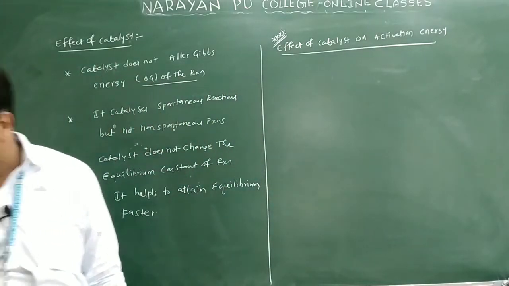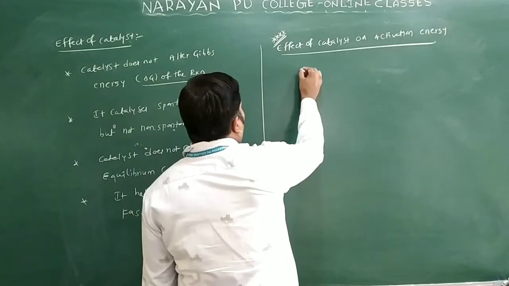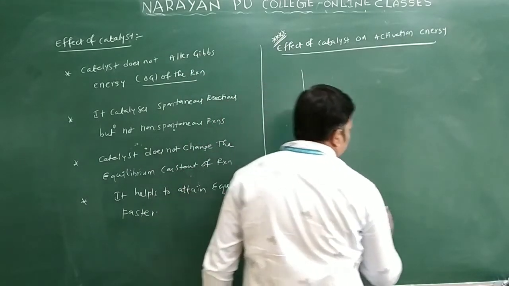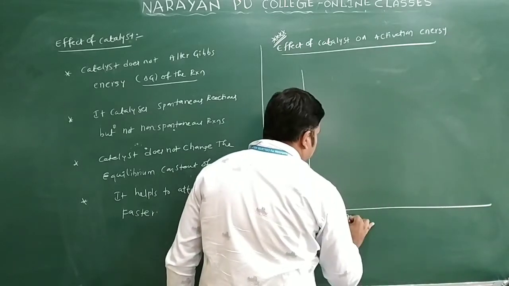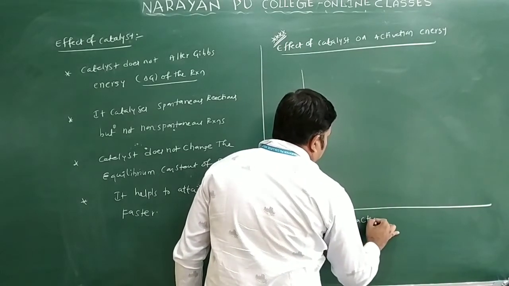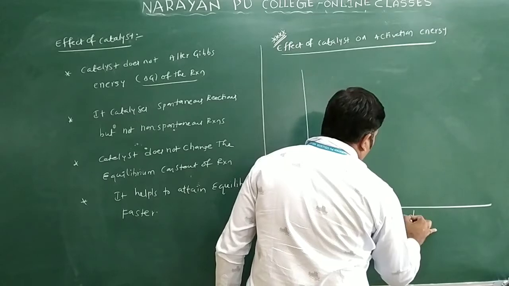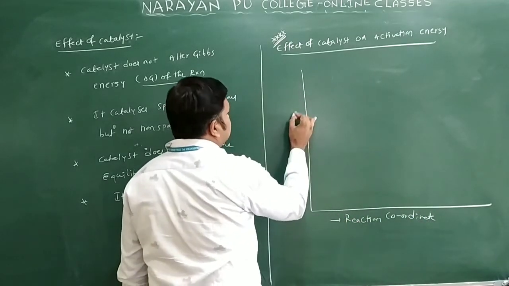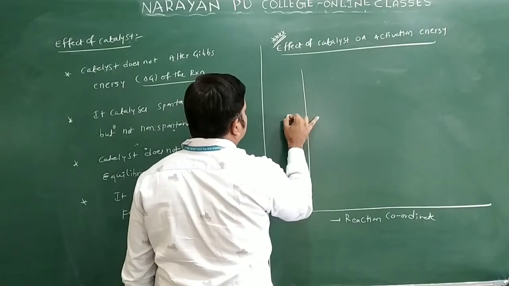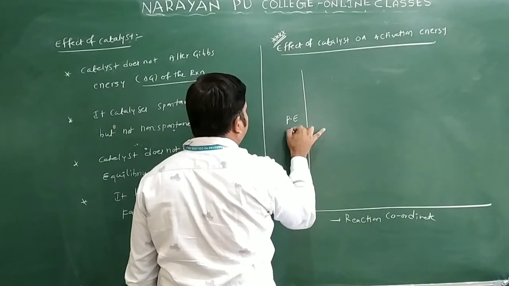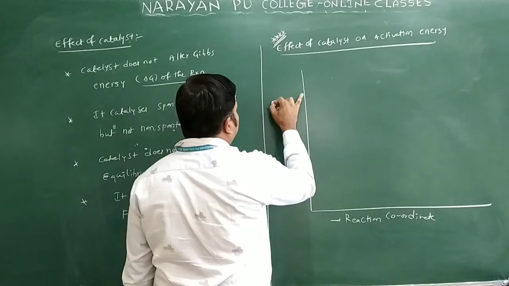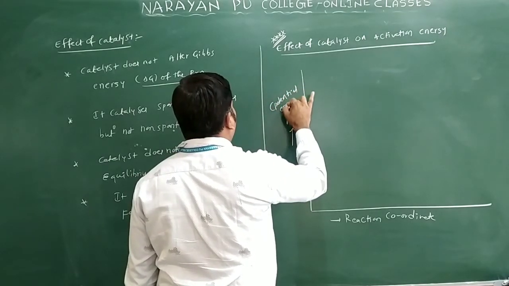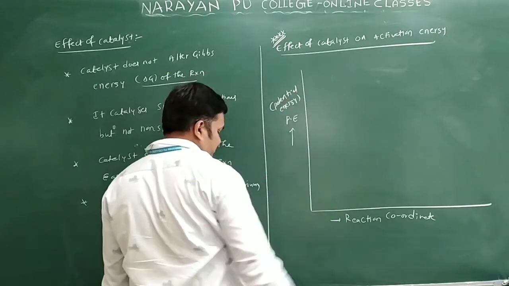So here we want to take the graph of potential energy versus reaction coordinate. This is the reaction coordinate, and this is the potential energy. As simple, I am writing P, which means potential energy. You can write the full form. Clear?